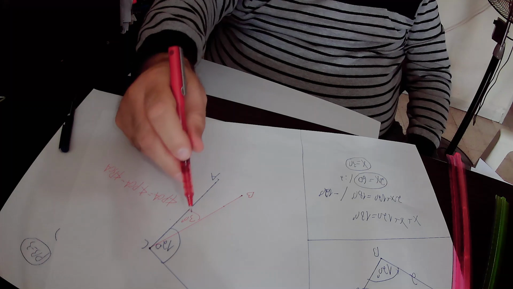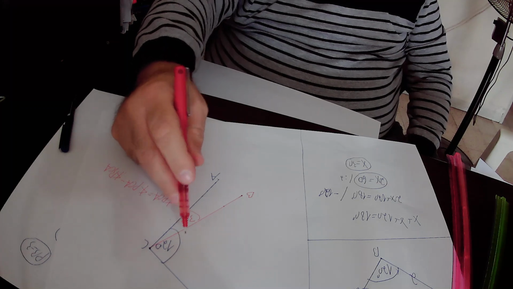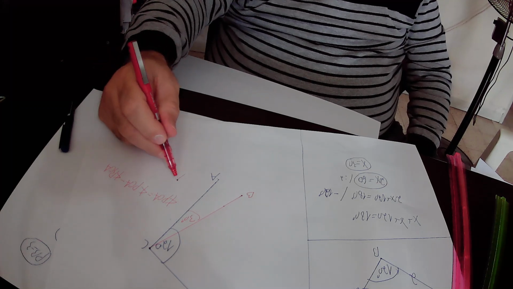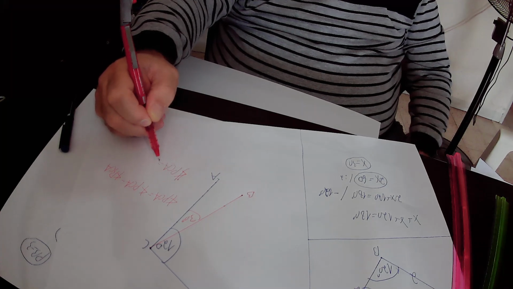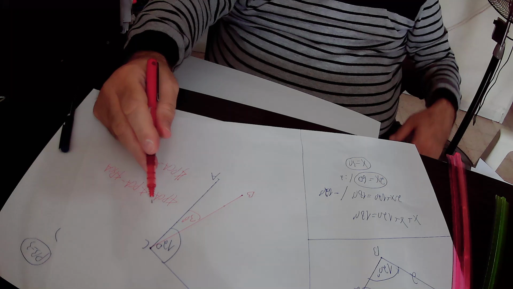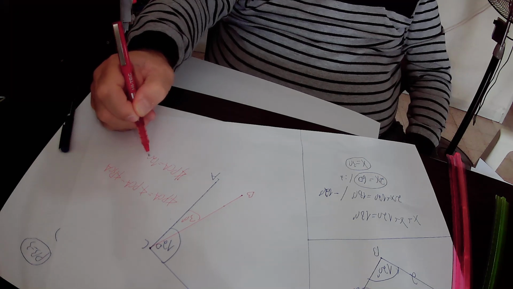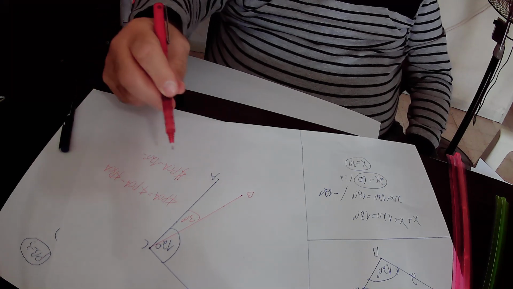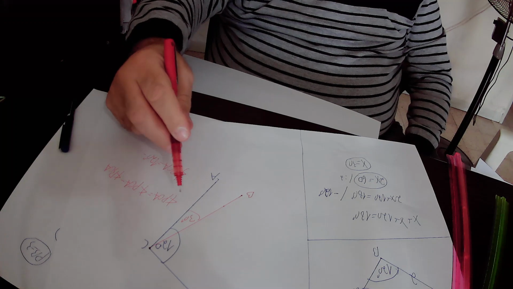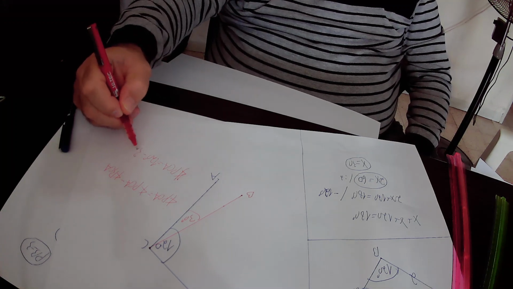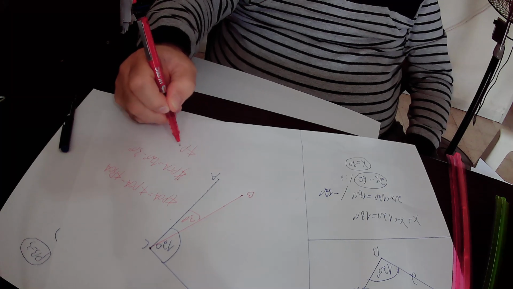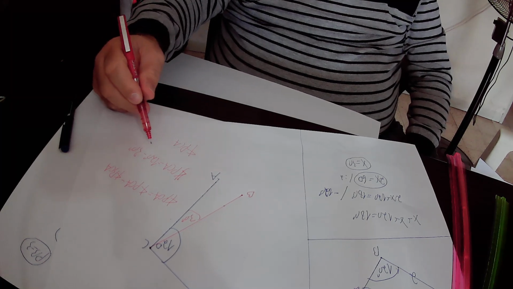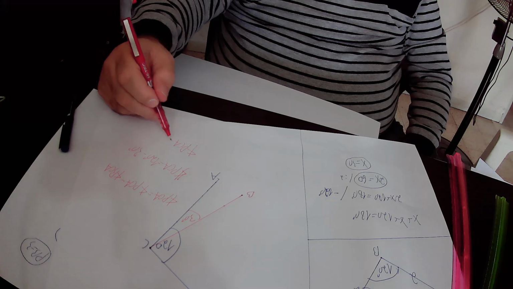So this missing angle, angle PCA, is equal to the big angle PCB, that is equal to 120 degrees, minus the small angle BCA, that is equal to 30 degrees. That is to say, we found out that the missing angle, angle PCA, equals 120 degrees minus 30 degrees, which is 90 degrees.